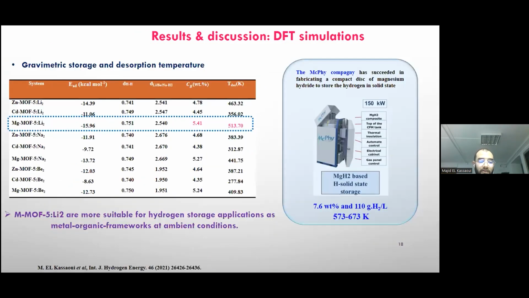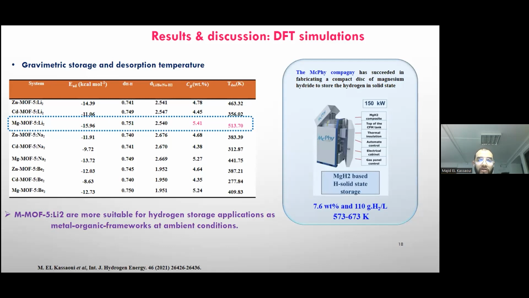This table presents different values of average absorption energy, the distance between H-H and the decorative element with the H2 molecule, the gravimetric capacity, and the desorption temperature.